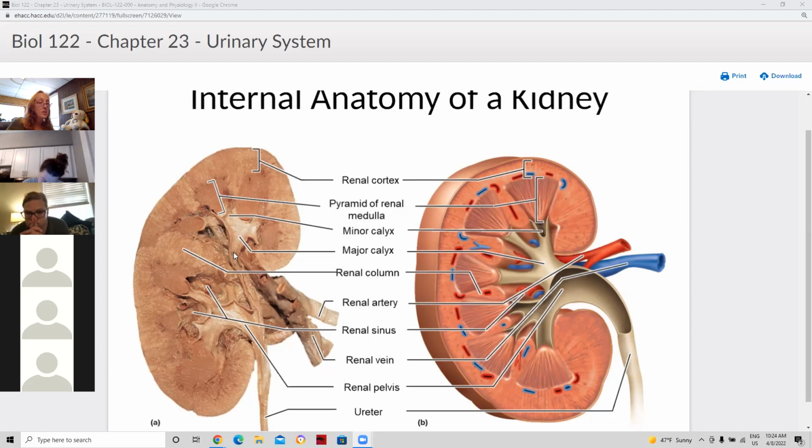And the major calyces drain into the renal pelvis, which becomes the ureter as it exits the kidney.